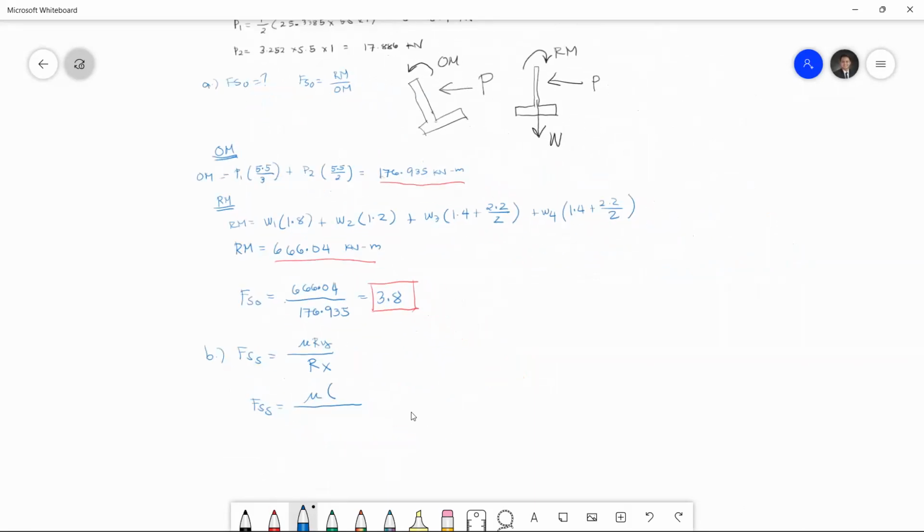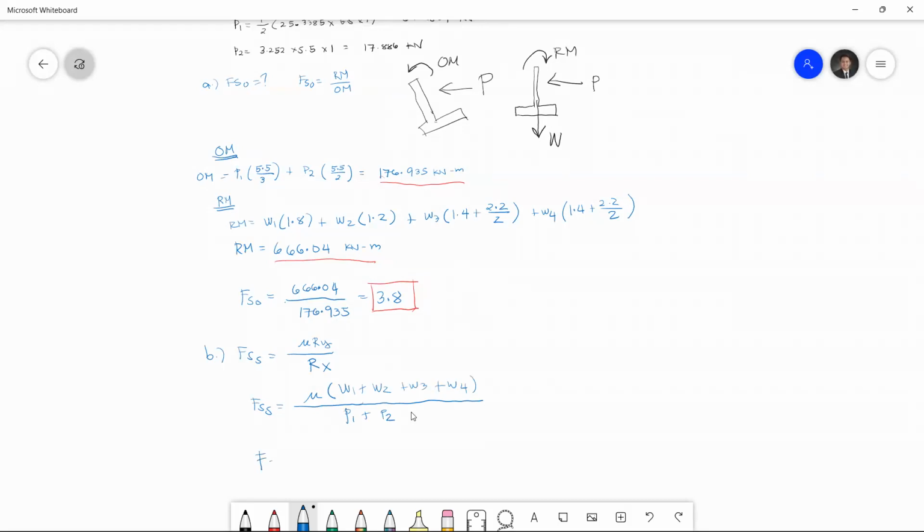The total vertical forces should be W1 plus W2 plus W3 plus W4, and Rx is equal to the total horizontal forces, which is P1 plus P2.